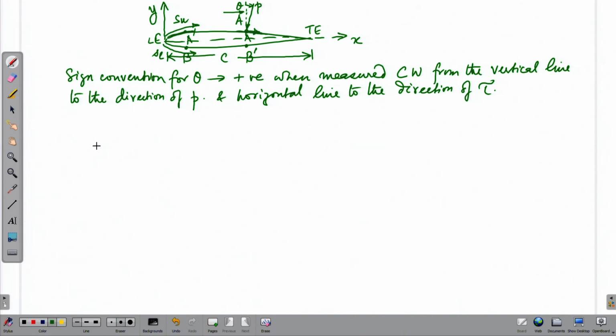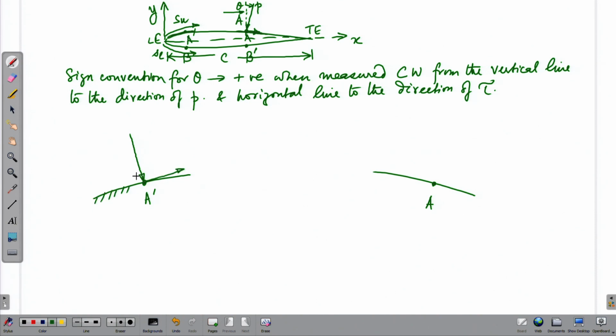Now, let us look at these 2 points A and A dash like we mentioned on the upper surface. So, we are looking at the upper surface in a more magnified manner now. You have one point A dash here, another point A. As we said earlier, the pressure always acts normal and into the surface.